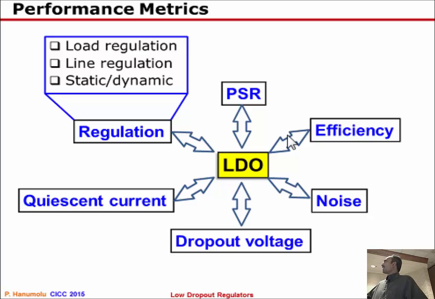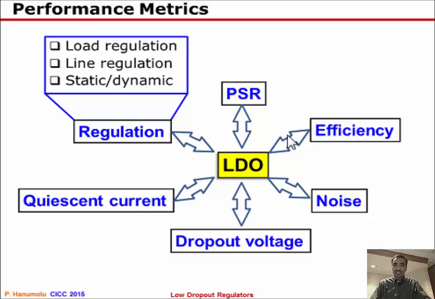We'll talk more about these three: load regulation, line regulation, whether static or dynamic. Static meaning you have all the time in the world to wait and see what the output voltage is, and dynamic is when you are changing either the input voltage or the load current. How does the output voltage behave? That will be the dynamic aspect of this regulation.